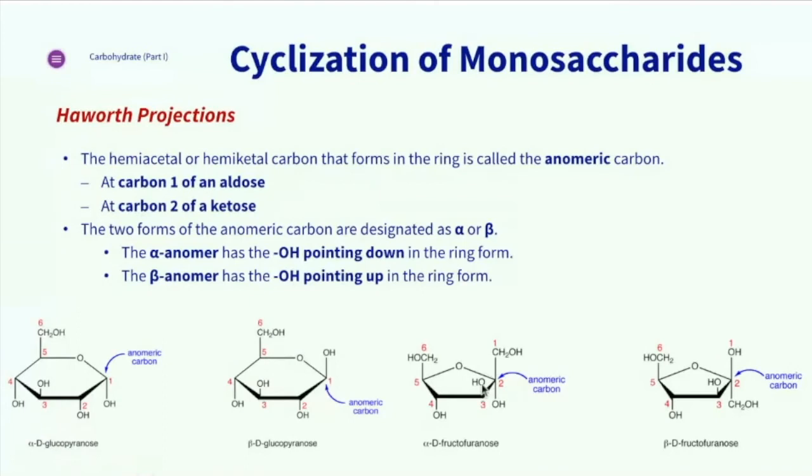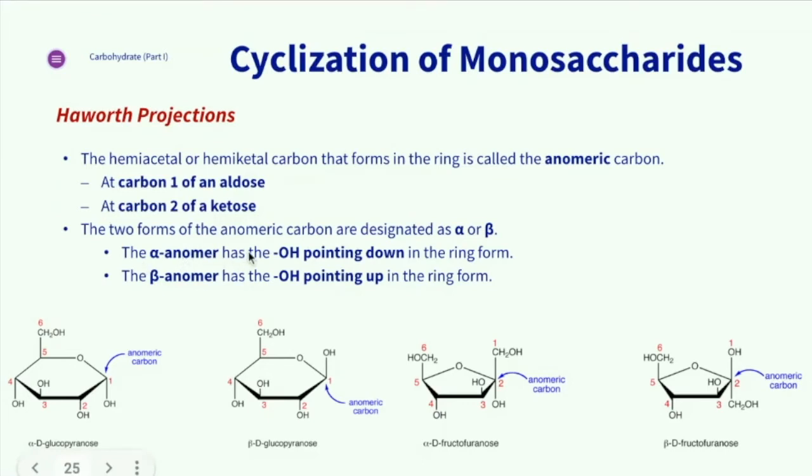The anomeric carbon is at number 2 because the carbonyl group in the ketone is not at the top, right? Okay. So when it forms the ring, the anomeric carbon forms a new bond. So the C number 1 is this anomeric carbon for the aldose. And for the ketose, the anomeric carbon is at carbon number 2, right? So you just have to differentiate that.